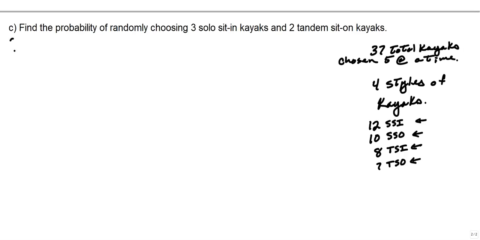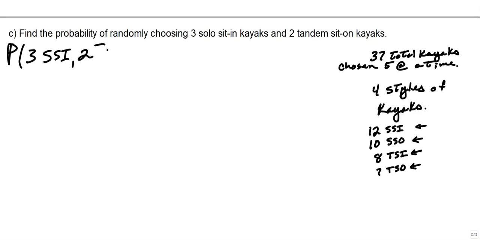So this is the probability of choosing 3 solo sit-in kayaks and 2 tandem sit-on kayaks, which means that once again, this will all be over 37 C 5 because I have a total of 37 kayaks and I'm going to choose 5 of them.